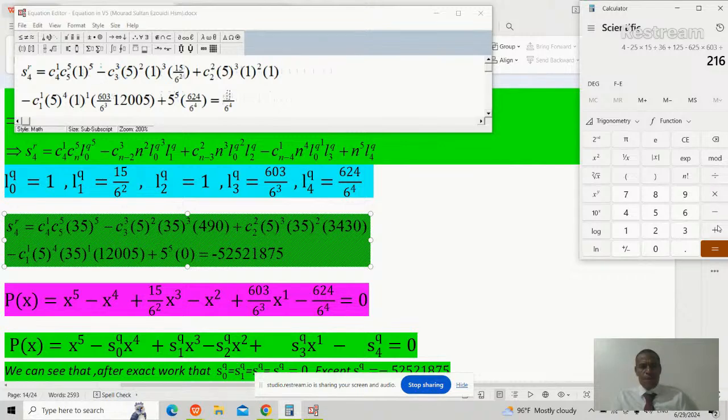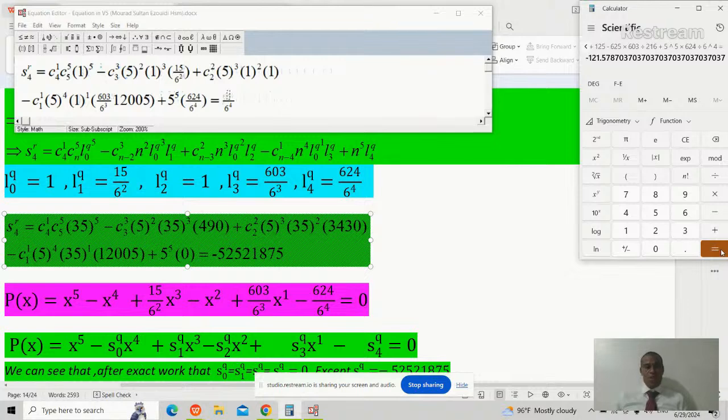Plus 5 raised to the power 5 times 624, divided by 6 raised to the power 4. So this one has to be equal to this. It's a decimal number.